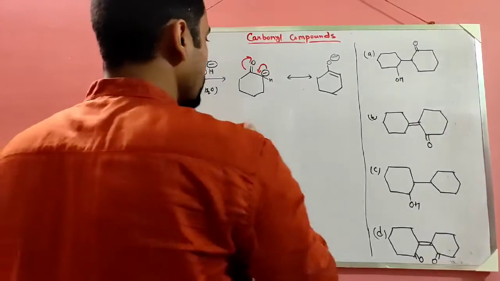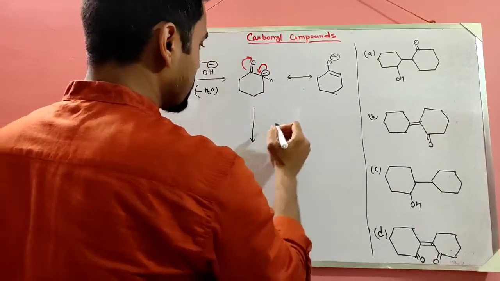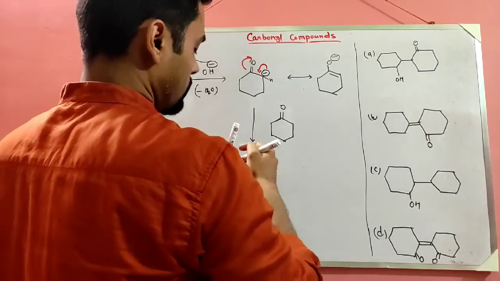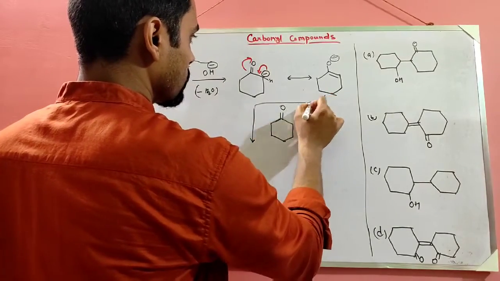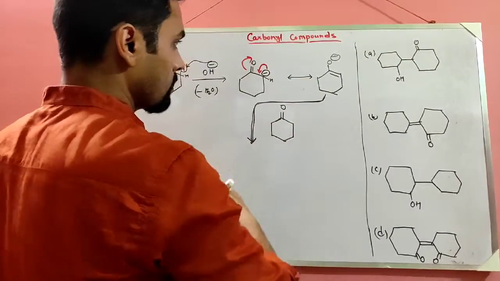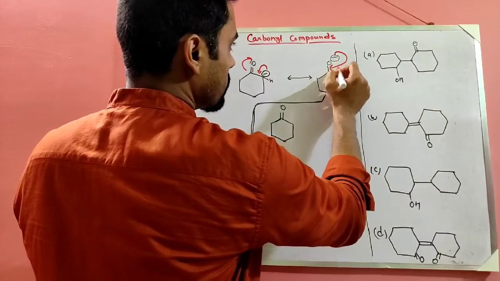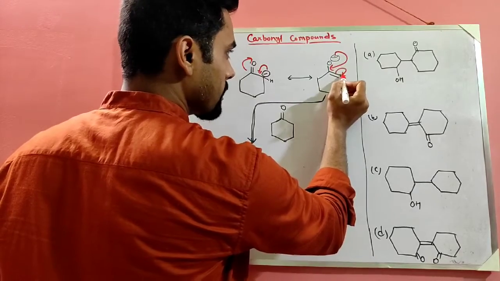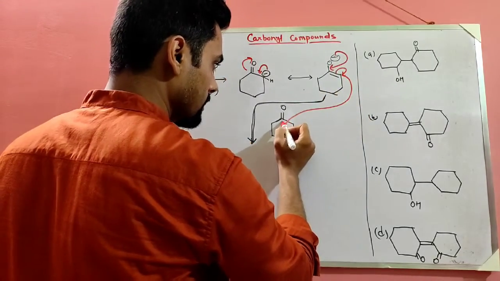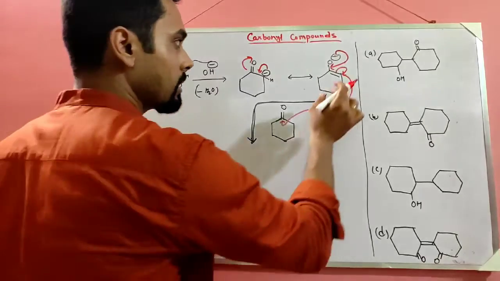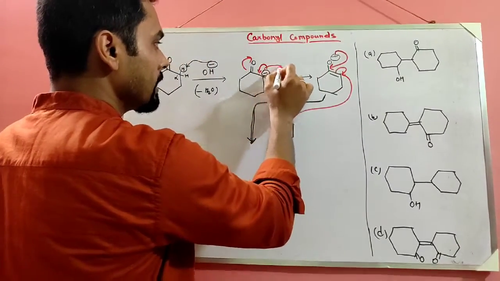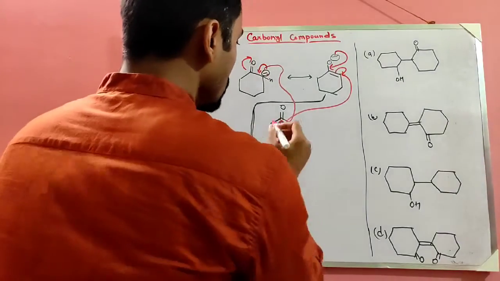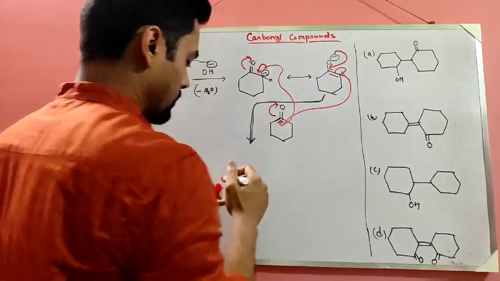So when another molecule reacts, what happens? Look. The pi bond is on the carbon atom here. This minus ion will attack the electrophile. This carbanion is the nucleophile. It will attack the electrophile, the carbonyl carbon atom, and the pi bond goes onto the oxygen atom.